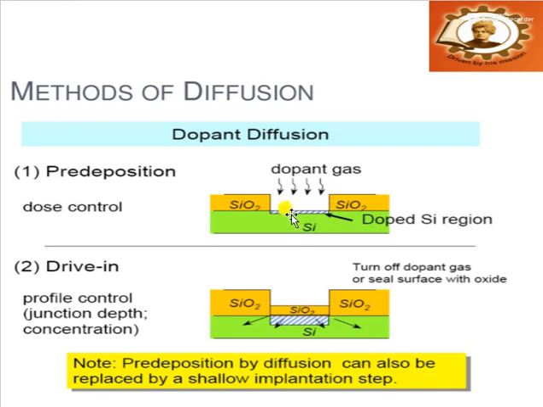That is also called dose control, and this process is called the pre-deposition method, just to put dopant atoms on the surface of our silicon wafer. The next process is called the drive-in method. In this method our wafer is heated continuously and in a controlled manner, so that the dopant atoms will be distributed in the required region. So these two steps are required for a diffusion process.